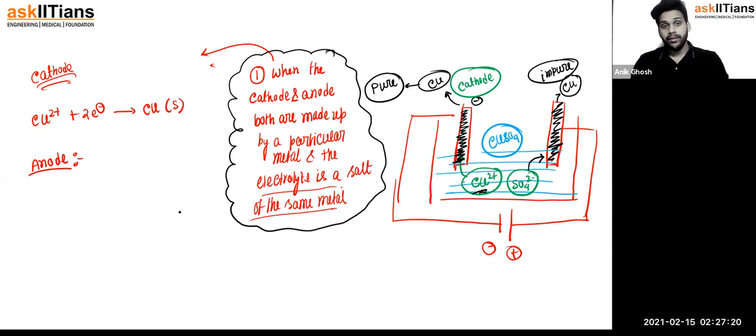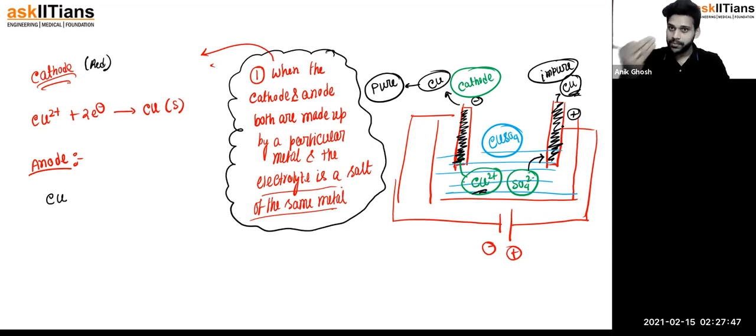But instead of SO4 going there and getting oxidized, here the oxidation occurs. Instead of SO4 going to the anode and getting oxidized, what happens is the copper which is there in the electrode gives up 2 electrons to the electrode, which is positive over here.